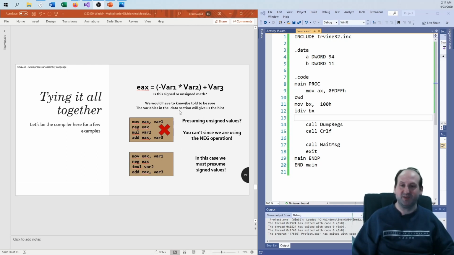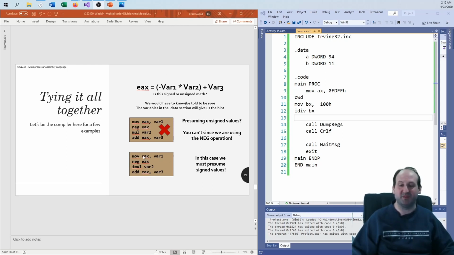So what do I do? Same as before, I'm taking var1 and moving it into EAX, and I'm negating that. Remember, this is a big deal: your job is not to change any of the other variables. Your job is to only modify the EAX register at the end of the day. If I just said neg var1, I've modified a variable. I'll get the right answer, but then everything else will fall apart later on because I'm not supposed to do that.